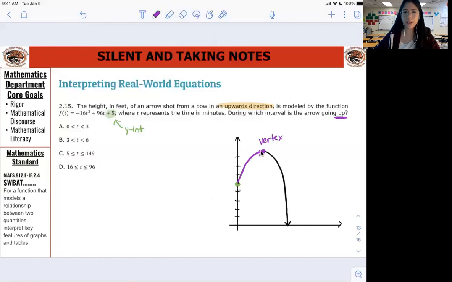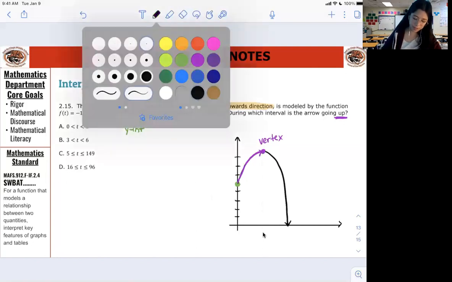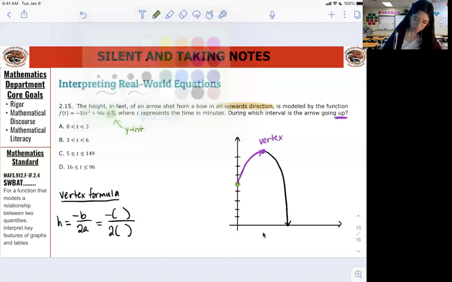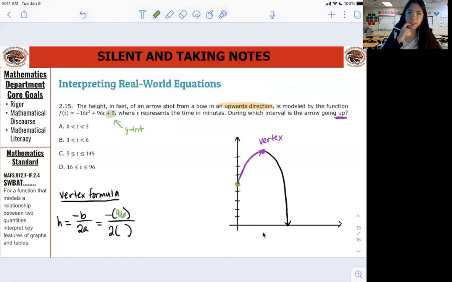Do I know where this vertex is located? No, I do not. How do I find it out? You have to do the vertex formula. Vertex formula. So let's do that real quick, one more time before we go for today. So h equals negative b over 2a. What's my b value? Positive 96. What's my a value? Negative 16.